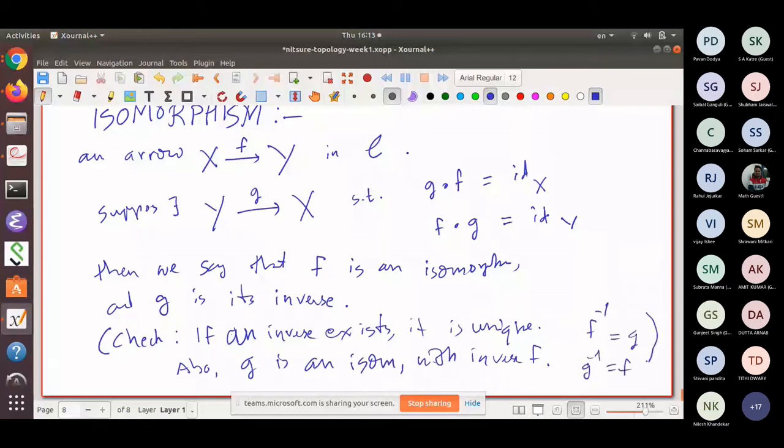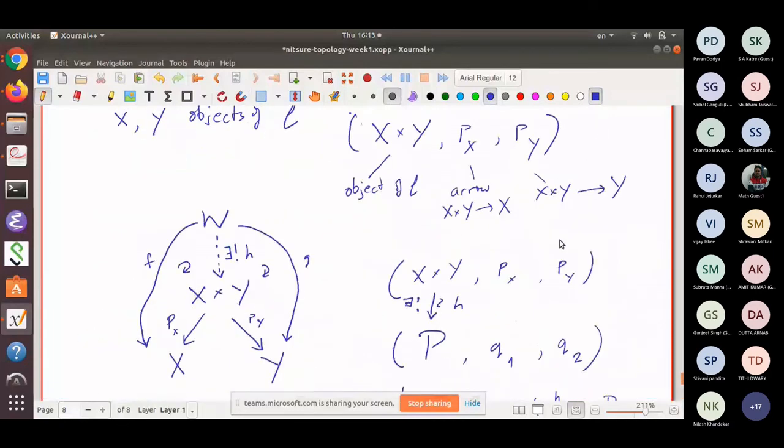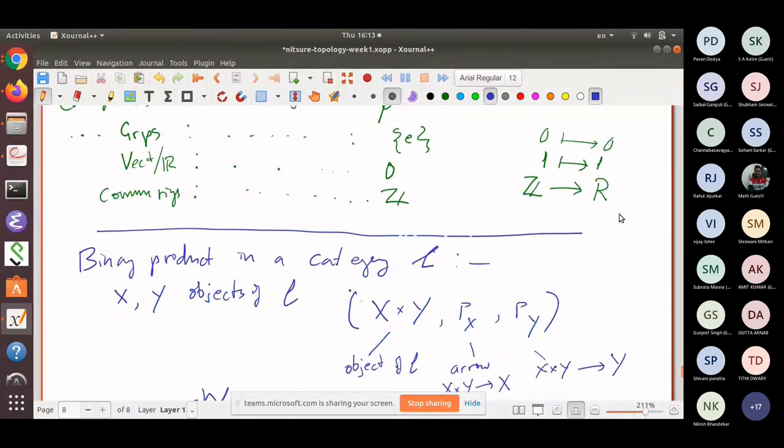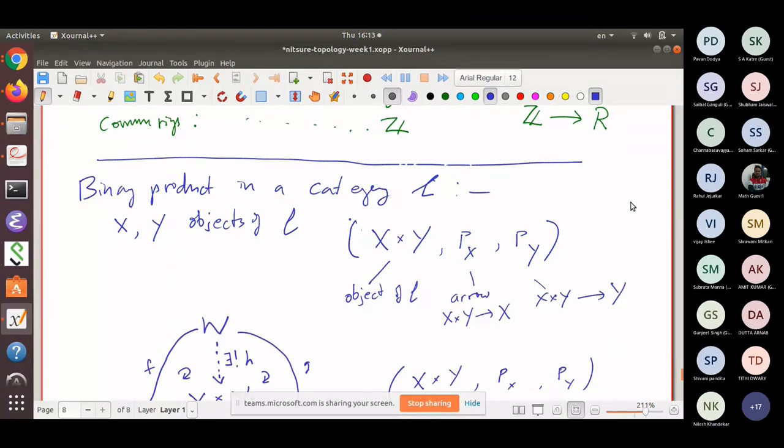So pretty familiar, yeah? It is familiar to you in all these examples. In each one of these examples, you have separately studied this. And now we are putting it in an abstract, very simple formulation called category theory. So the notion of an isomorphism is something which is categorical.